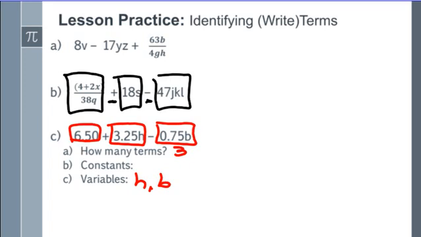So my numbers are 6.50, 3.25, and 0.75. So those would be all of our constants. So remember, constants are all numbers. If they would have asked for coefficients, then it would have just been 3.25 and 0.75.